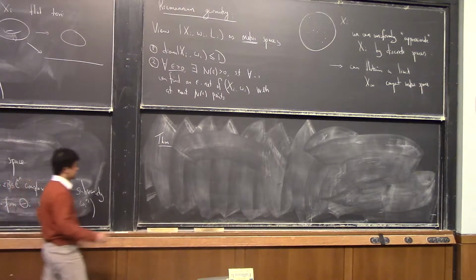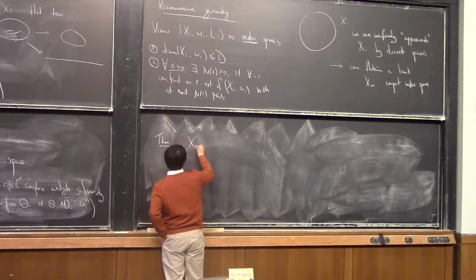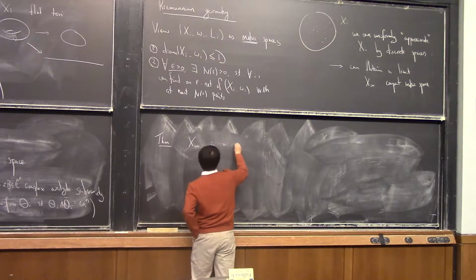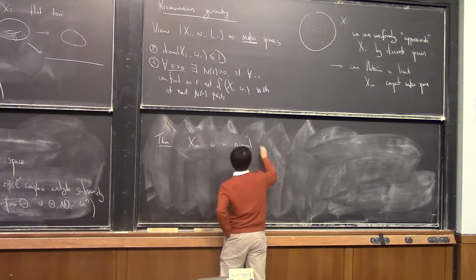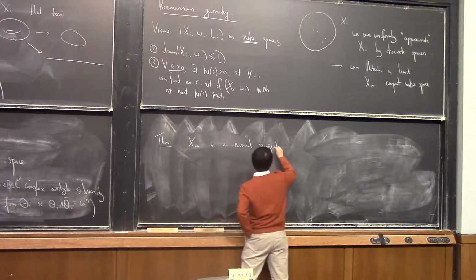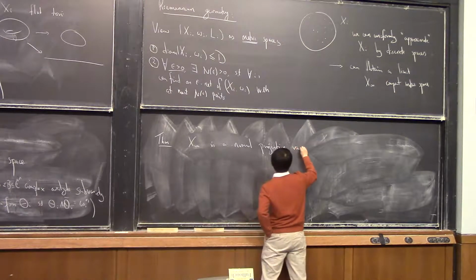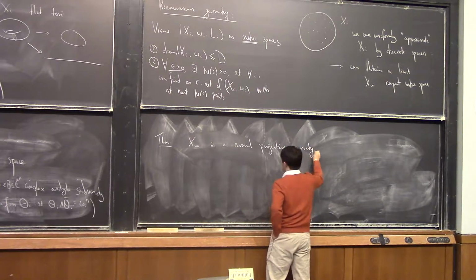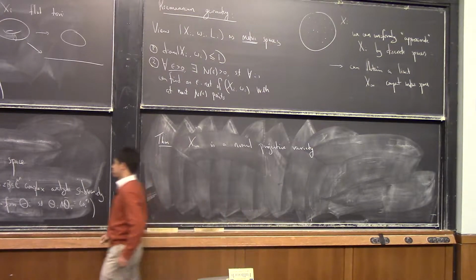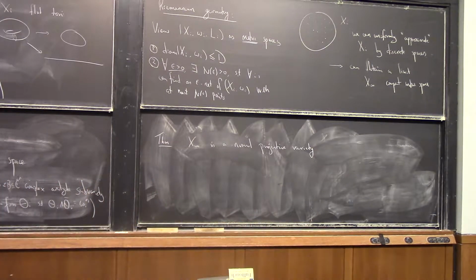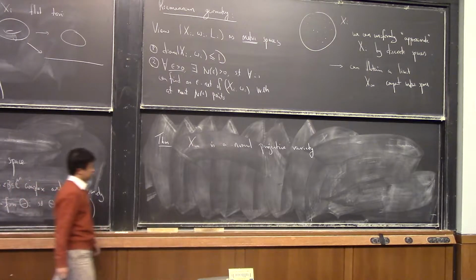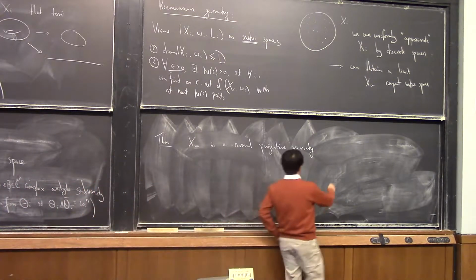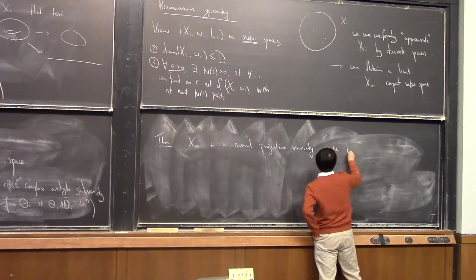So then X_∞ is a normal projective variety with log terminal singularities.